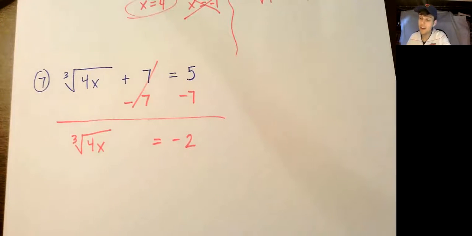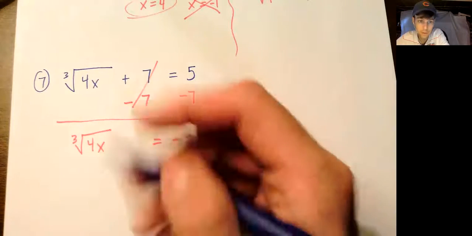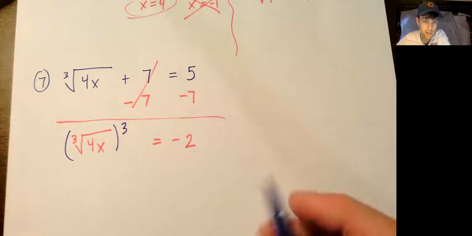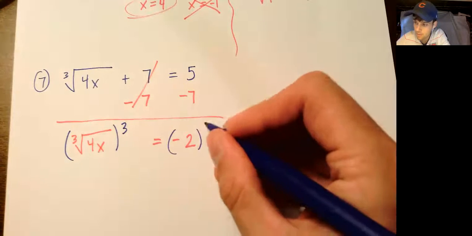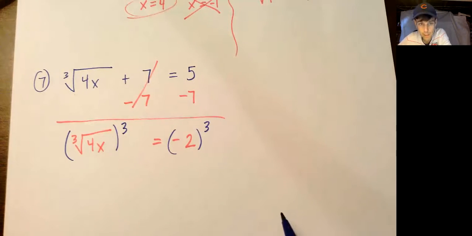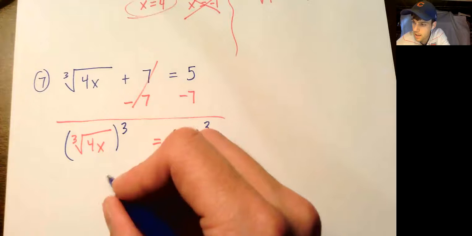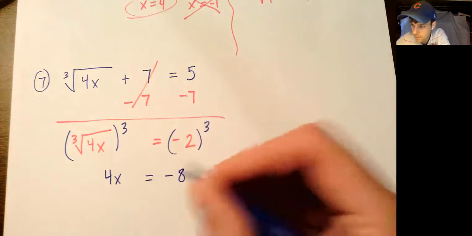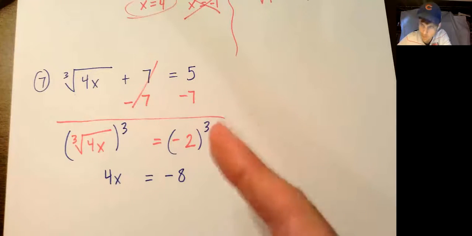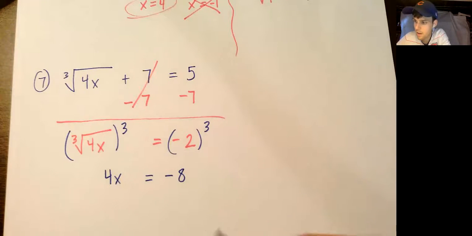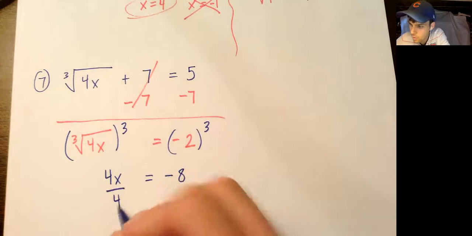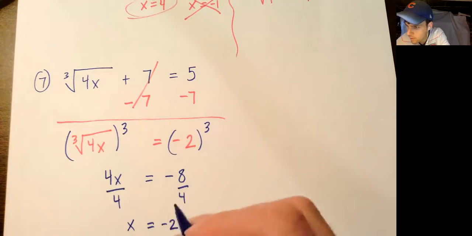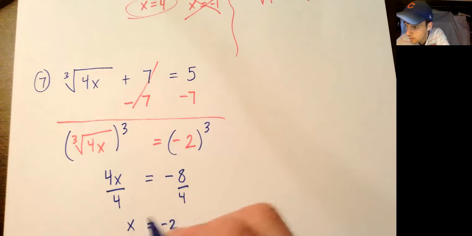4. And now, again, to get rid of any radicals, I raise them to the appropriate power. So to get rid of a cube root, I'm going to cube it. Keep moving on here. I got 4x equals -8, because -2 times -2 times -2 is going to be a negative. And then divide by 4, get x equals -2.